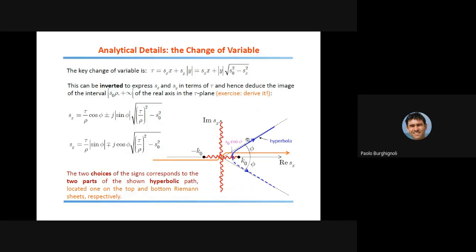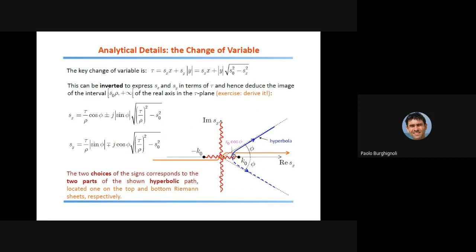And you can see that this hyperbola is the image in the Sx plane of the real axis in the tau plane, in particular of the portion of the real axis that goes from the wavefront arrival time S0 rho to plus infinity, okay? There are two portions of this hyperbola.